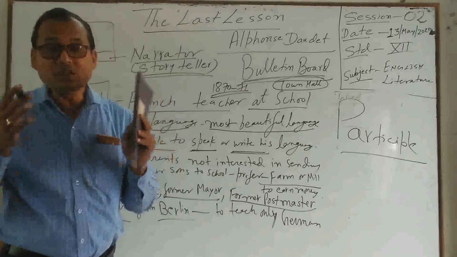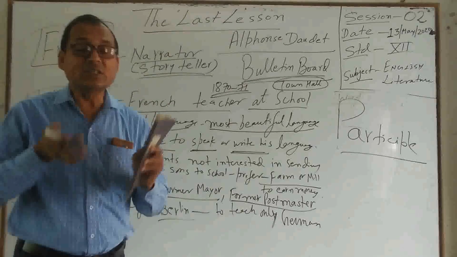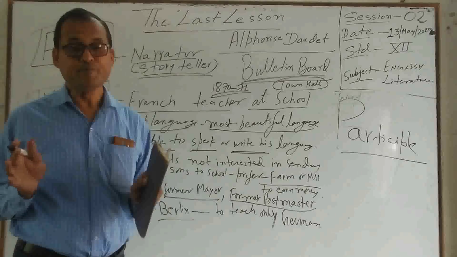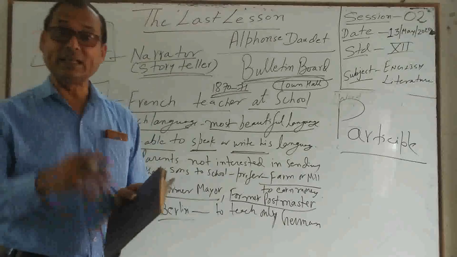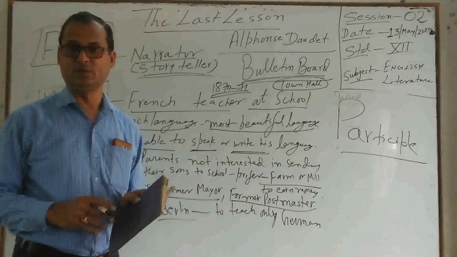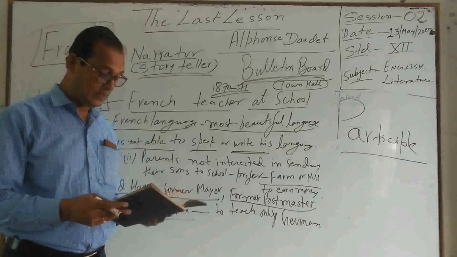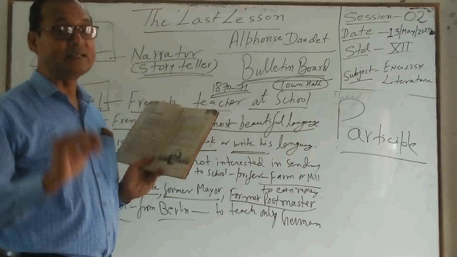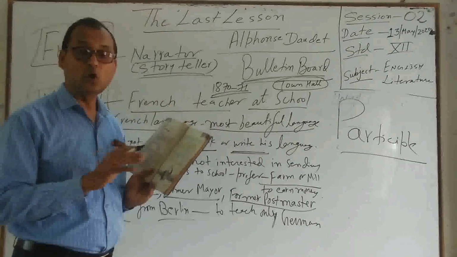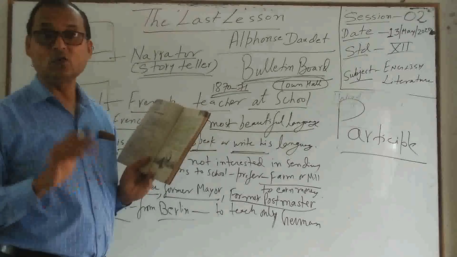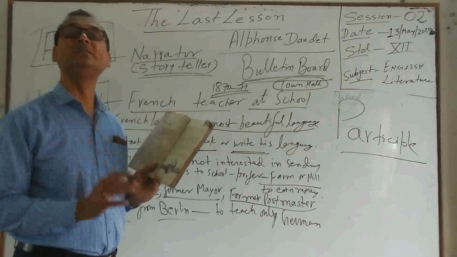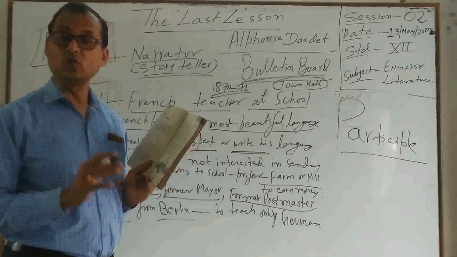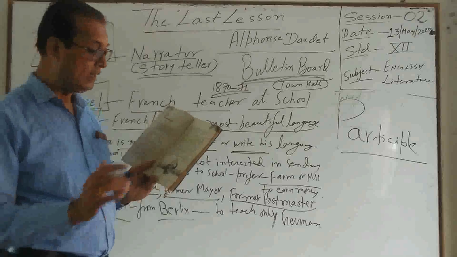Means this day was like a Sunday morning. Okay? Now, there was one more difference also: the dress of M. Hamel was not normal today. It was like prize days, like revision days.